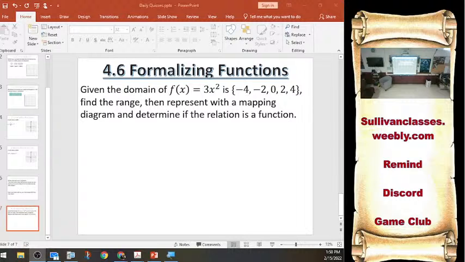You have a function, you have a domain. Go find the range. Once you got that, check through your notes, particularly the first few examples of 4.6. What is a mapping?